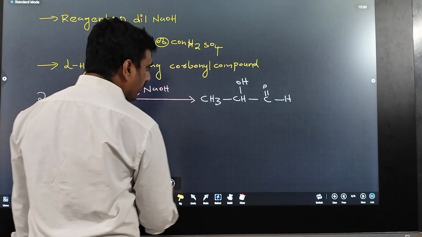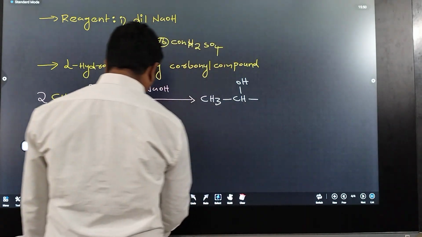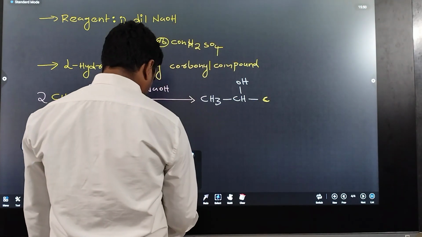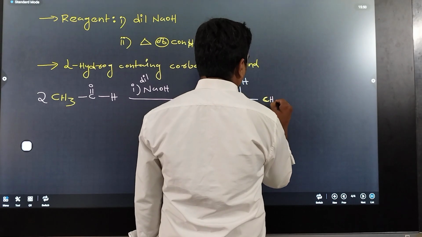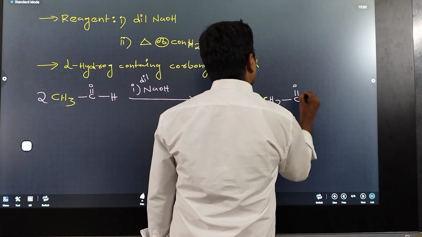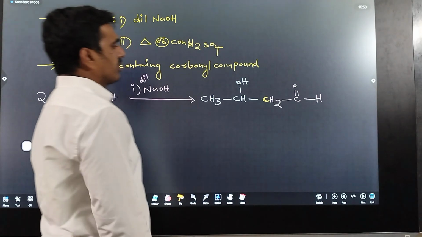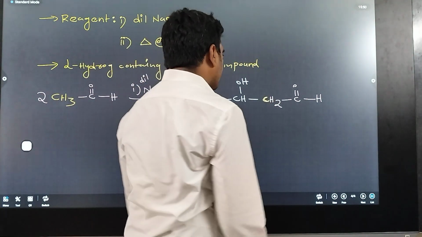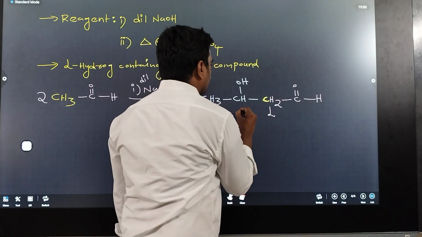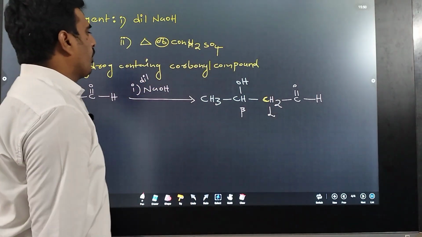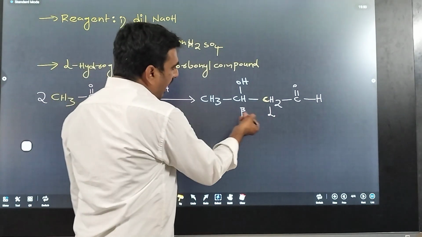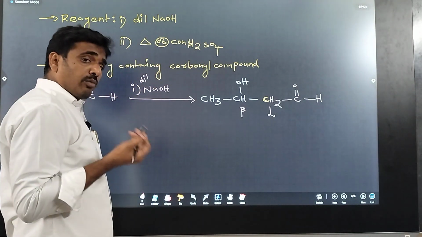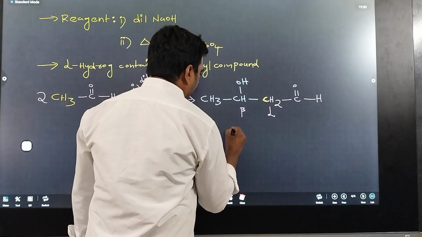The adjacent carbon is the alpha carbon, then this is the beta carbon. So here, beta hydroxy carbonyl compounds are aldol products.